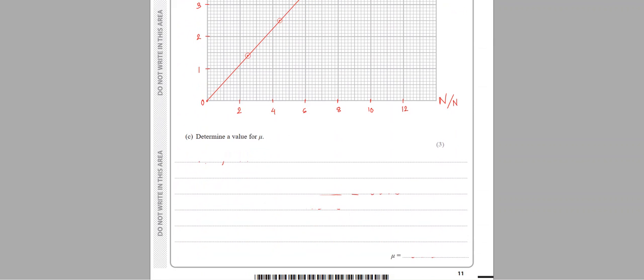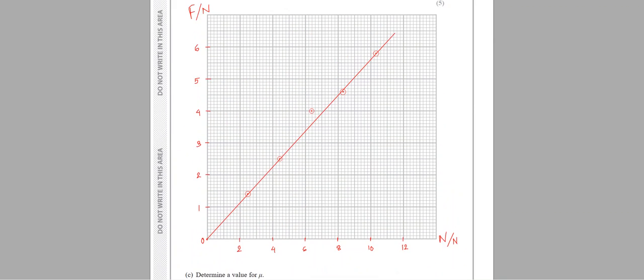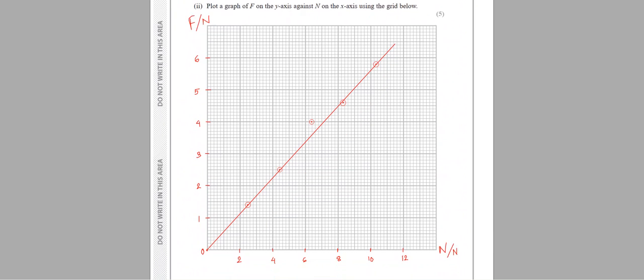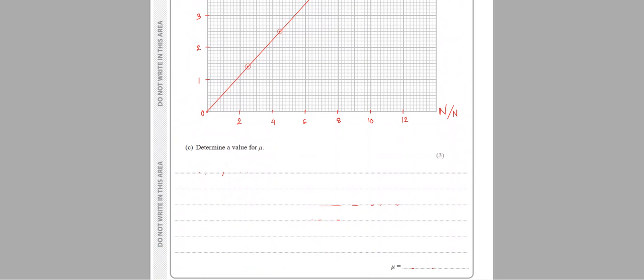So determine a value for mu. If you look at the question one more time, once you have plotted F on the y-axis and N on the x-axis, the gradient of this graph gives me mu. So all you have to do is find the gradient of the graph. F equals mu N, and mu is equal to the gradient.